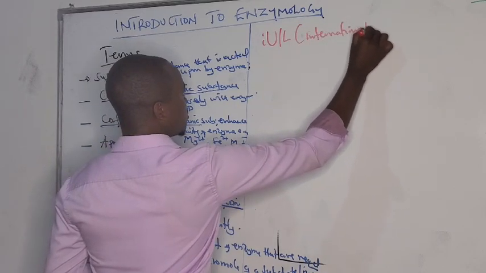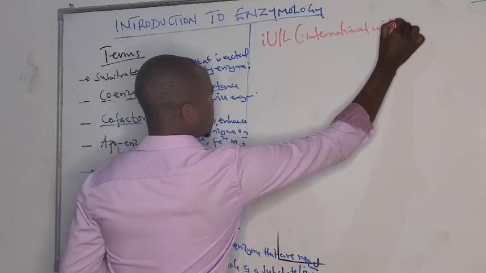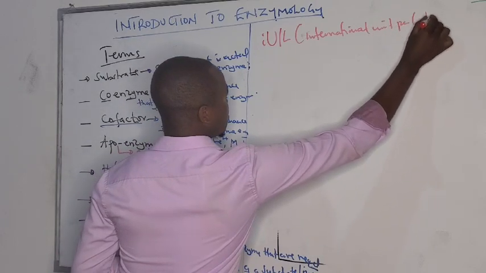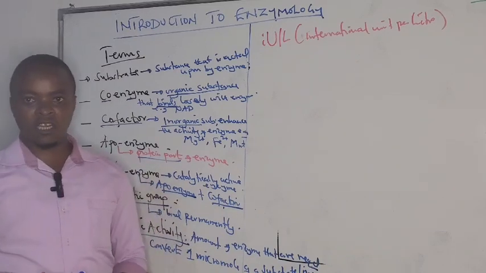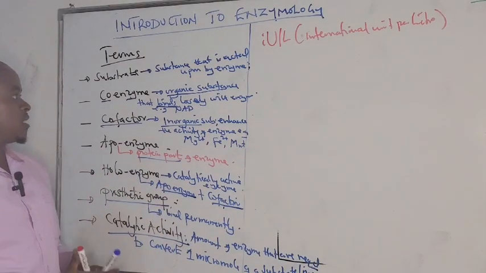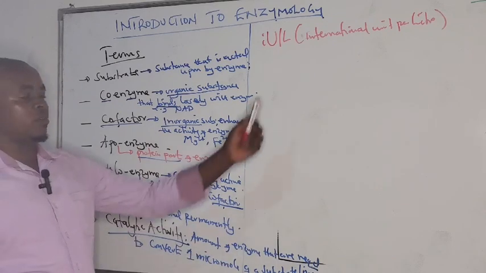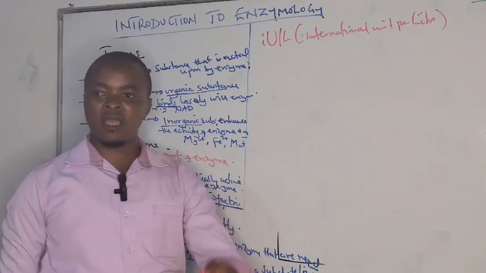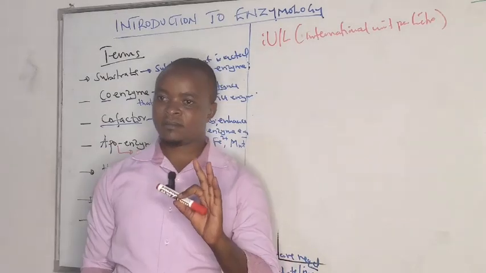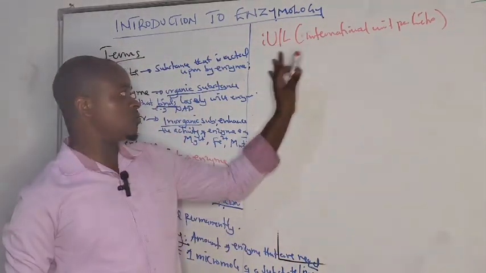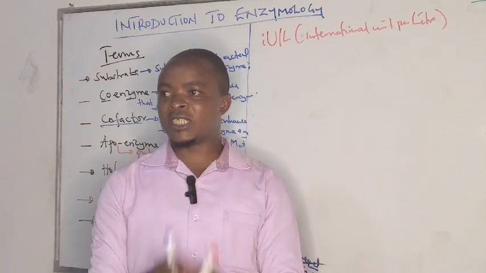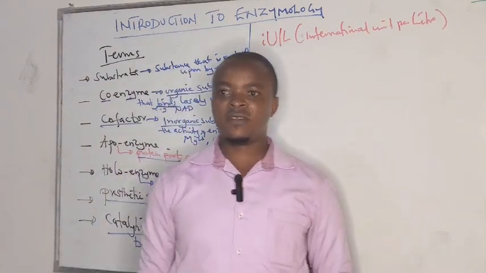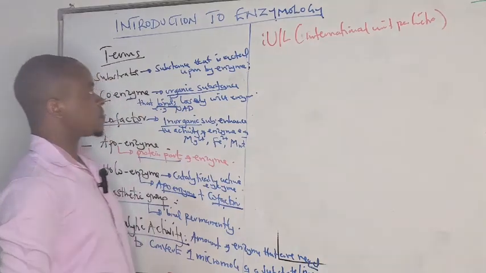This is the unit for the enzyme. They are measured in international units per liter, which is the amount of the enzyme required to catalyze 1 micromole of the substrate per minute. So whenever you find an enzyme, their results are always expressed in international units per liter.